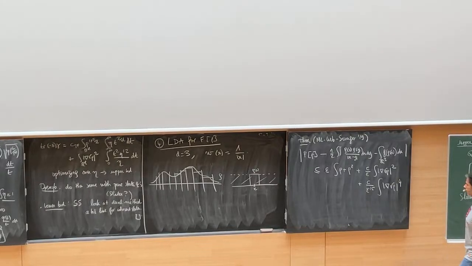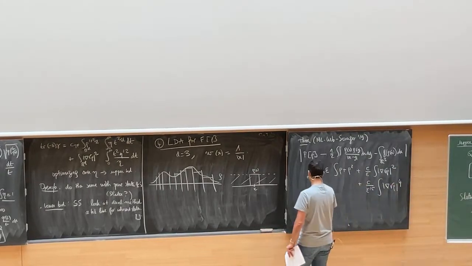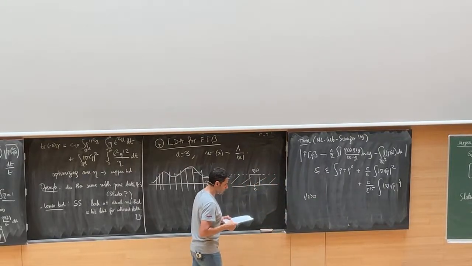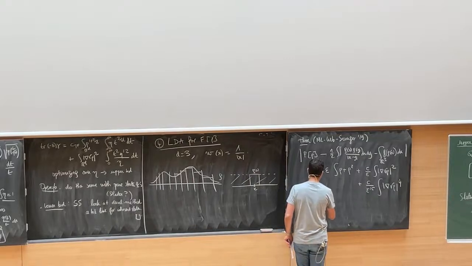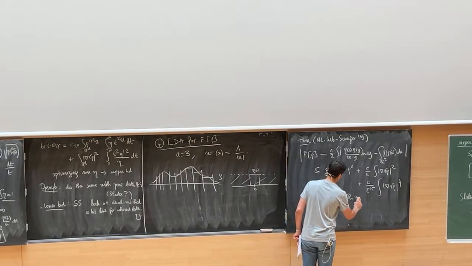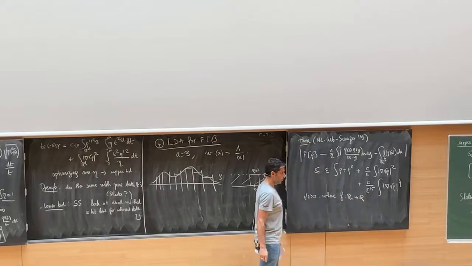Okay, so that's the bound. For all epsilon positive, you can take epsilon less than 1 if you like. And that's where f is a certain function from R plus to R.